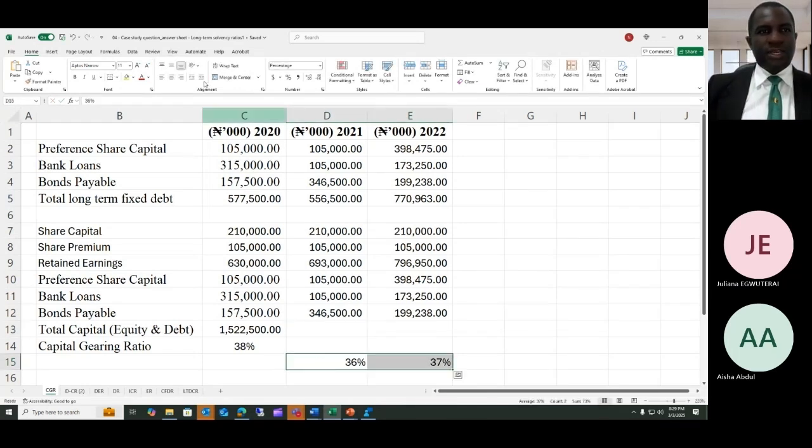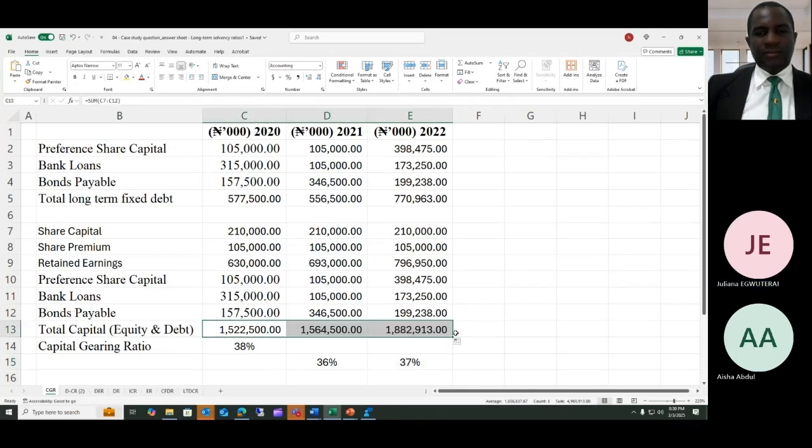Let's see if we align together. I've already gotten the figures. So let me get the total here. There's somewhere we are perfect with 2021, but we are not with 2022. So who is wrong? Let's see. 105. Somebody is wrong.